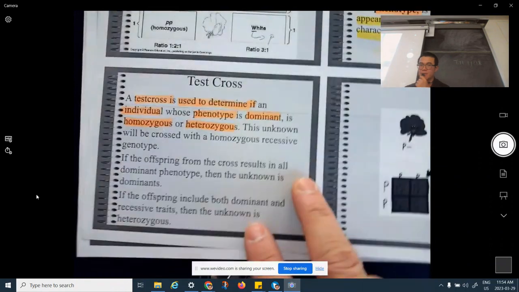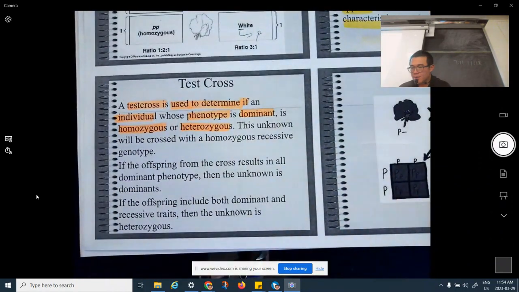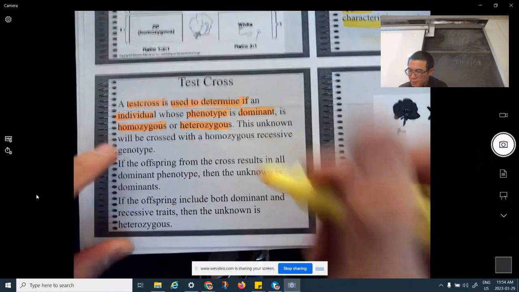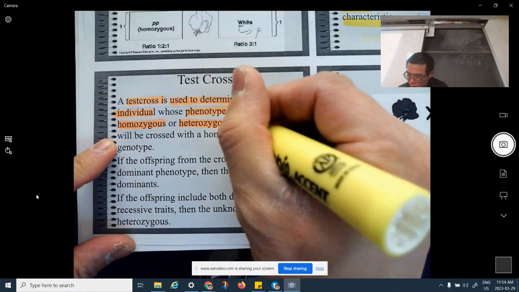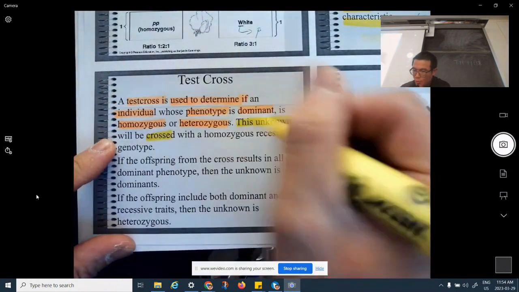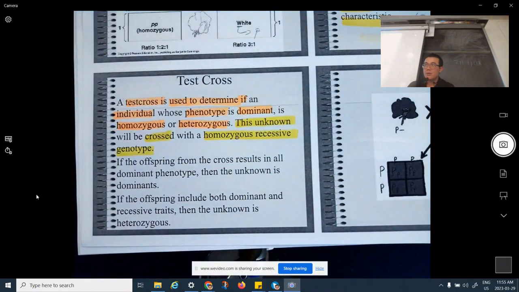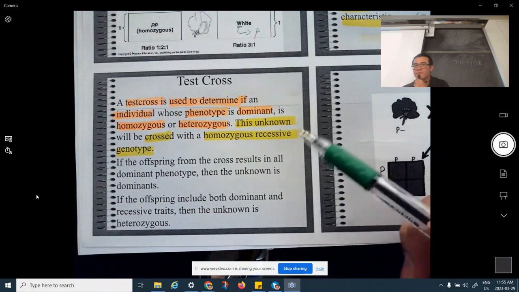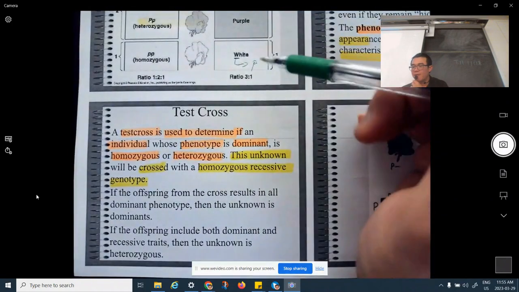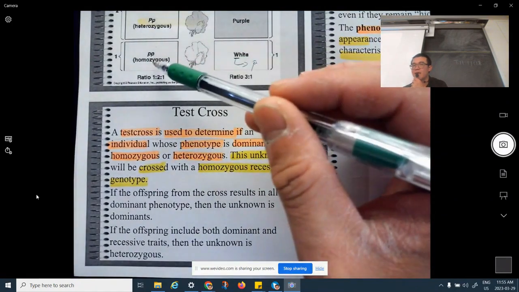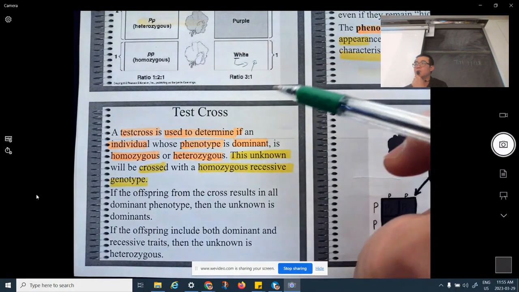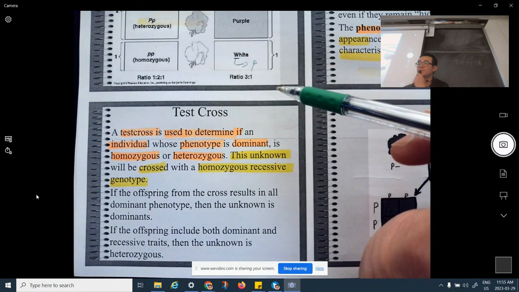You cross this unknown with a homozygous recessive genotype. So you'll cross it with a flower that is homozygous lowercase p, or a white flower plant.